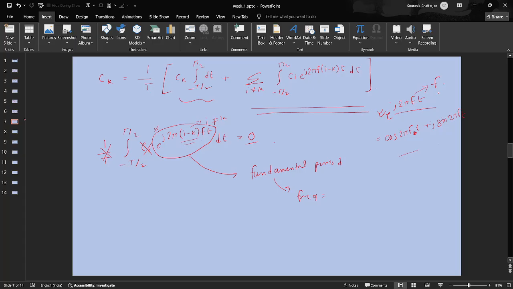If f is the fundamental frequency here, what is it here? Nice. It's (i minus k) times f. This is your fundamental frequency.